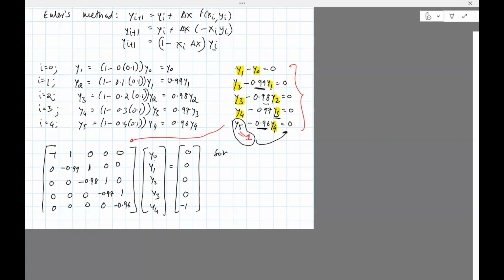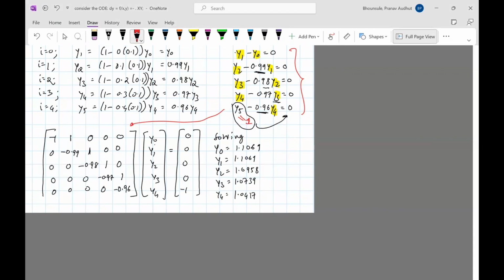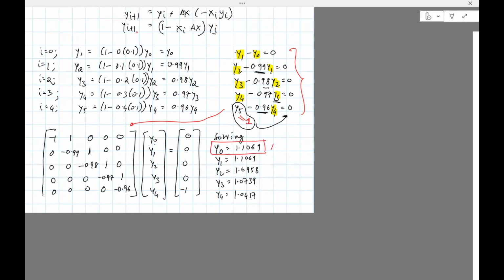So solving, we get y0 is 1.1069, y1 is 1.1069, y2 is 1.0958, y3 is 1.0739, y4 is 1.0417. All those values actually don't really matter. What matters is this one. This is the one we were after. So that's the answer, 1.1069, the first value.